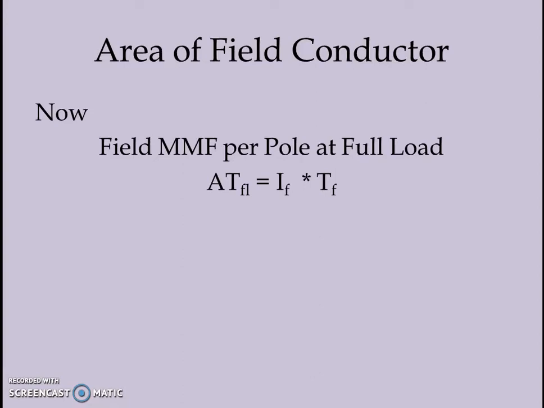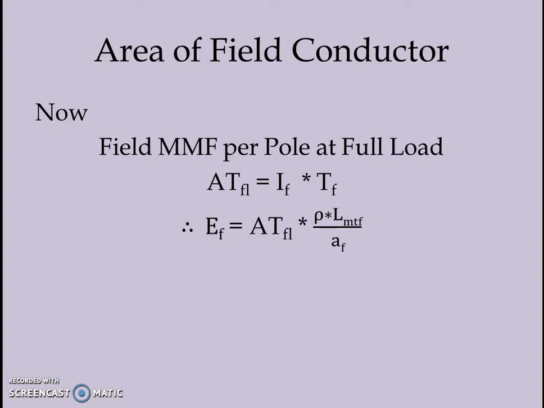Now for the product IF TF, if we substitute the value of ATFL, then our equation for voltage across each field coil will change like this. So voltage across each field coil is equal to ATFL multiplied by rho multiplied by LMTF, the length of the mean turn, divided by the cross-section area of the field conductor. From this equation we can see that most of the quantities are known. Voltage across each coil, EF, we have calculated.